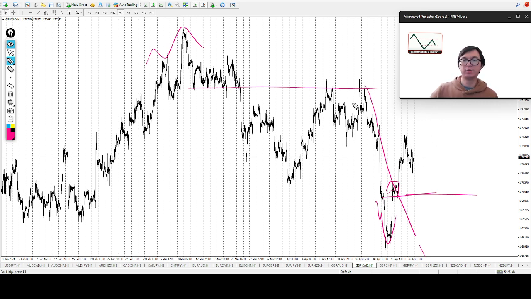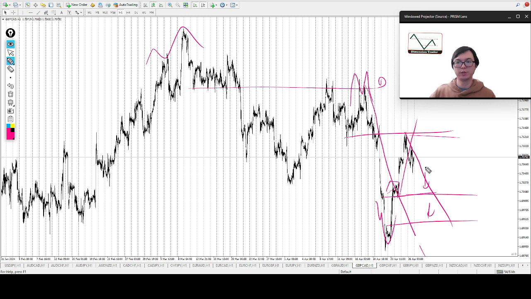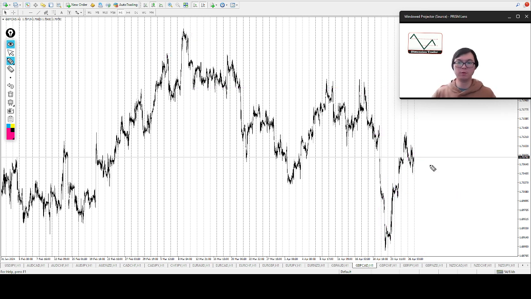But this second dimension 1 is creating the resistance with trendline break. So expecting pricing to drop to here or here. As long as the trendline holds, next week this pair will keep dropping more.